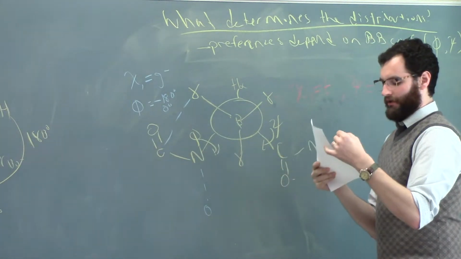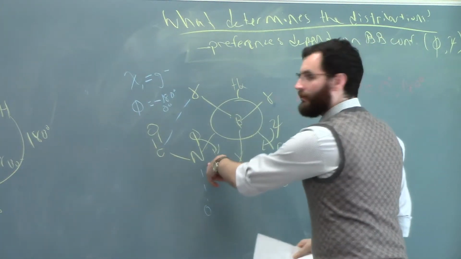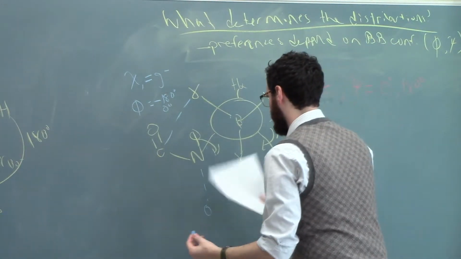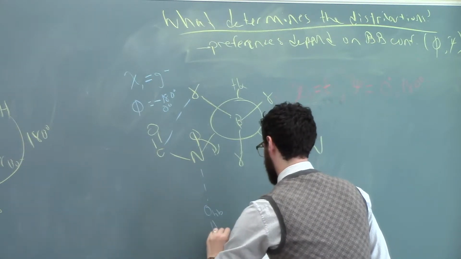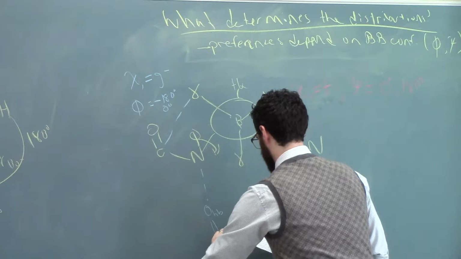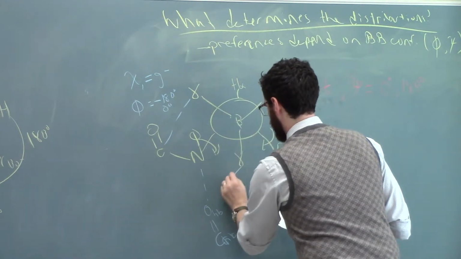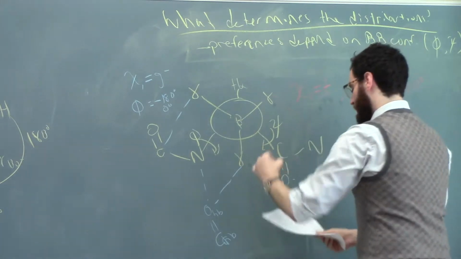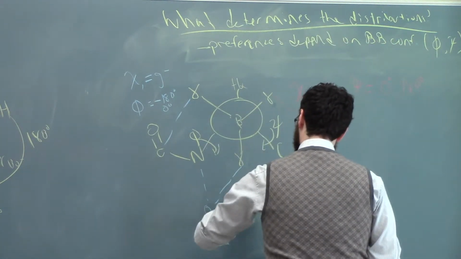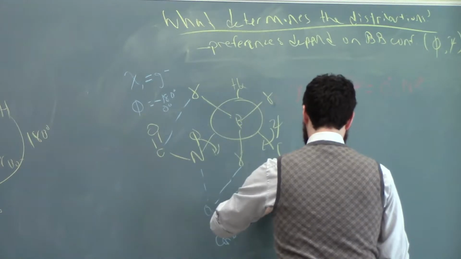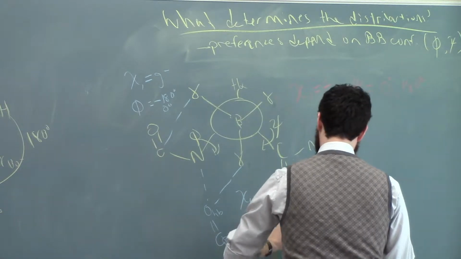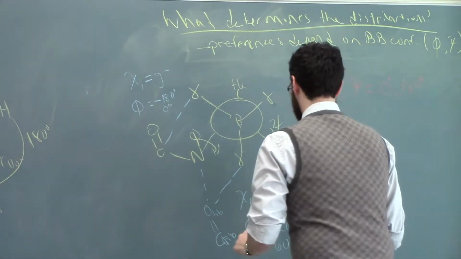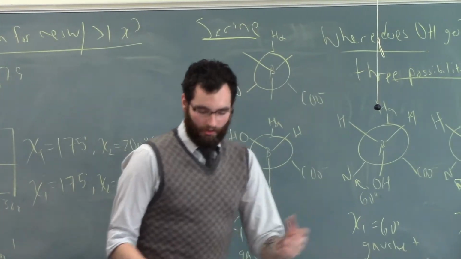And there's another dependence on phi, which is that if this nitrogen is involved in a hydrogen bond, we'll call this OHB and CHB, it can actually clash with the gauche plus rotamer when phi is minus 120 degrees or 60 degrees. Okay, so that's a little bit about the backbone dependence of particular rotamers.